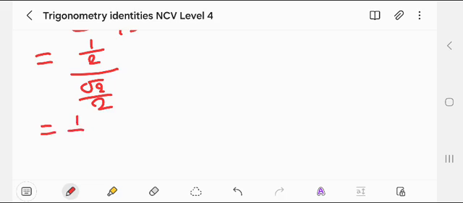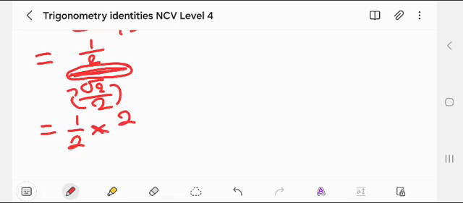This is 1 over 2, right? When you divide, you change the division to multiplication. But after changing that, you interchange the values. So 2 comes on the top, and the square root of 2 comes at the bottom, interchanged, right?